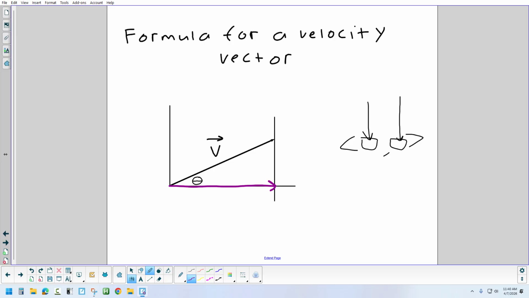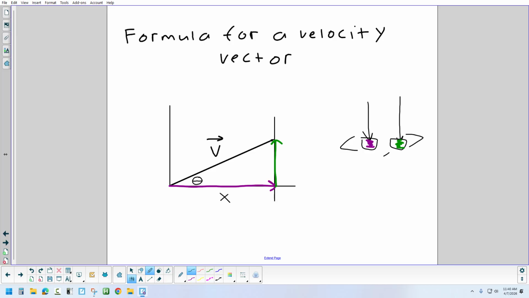Yeah, that's up to the tip of the vector. So what we need to figure out is a formula for the purple, that's going to go in there, and a formula for the green, that's going to go in there. So we're going to break it down into the purple vector and the green vector based on the information that they give me.